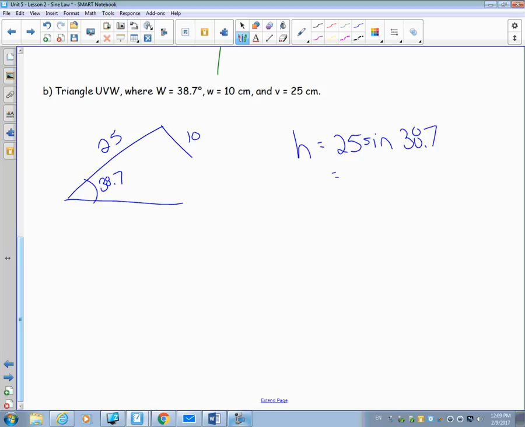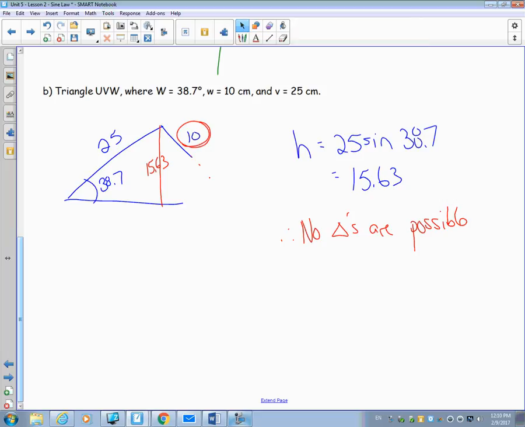If I try that, I end up with 15.63, which tells me my height all the way down has to be 15.63 to make a triangle. But the problem is, this one comes down as far as 10. That means no triangles are possible. I can't get that side to actually continue down and make a triangle. It's not even as long as 15.63.